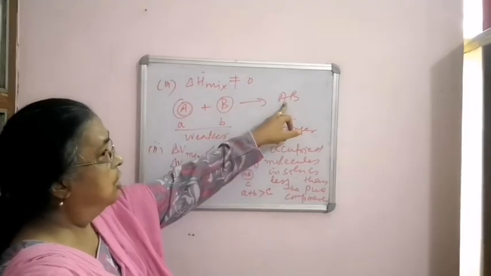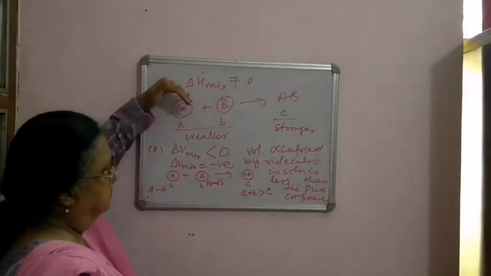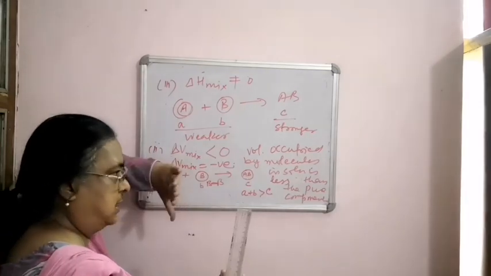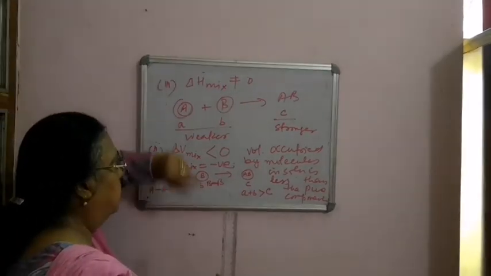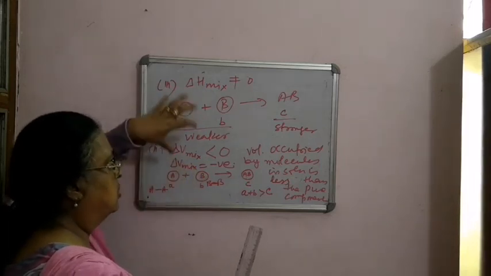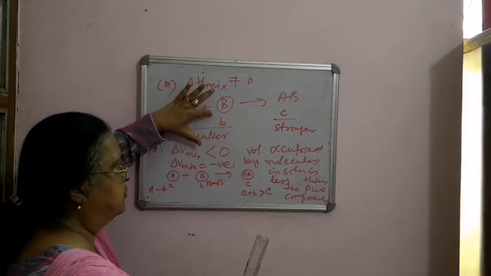They are stronger, so what will happen? You know that when a bond gets separated, when molecules are departing, they absorb energy. So the energy absorbed this side will be less because the interaction force is weaker.